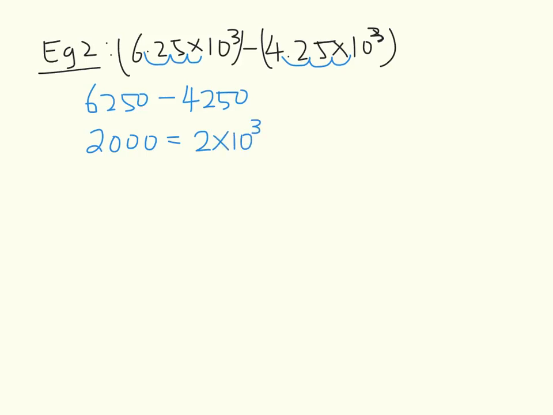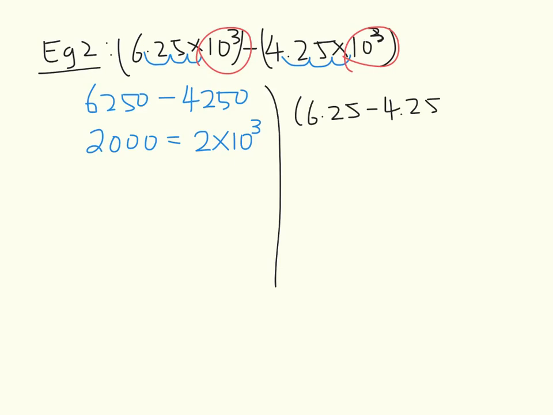We will now see how we can use the rules of exponents to help us simplify this subtraction problem. We can first factor out 10 to the third power that is common to both numbers, and I can rewrite this as 6.25 minus 4.25 times 10 to the third power.